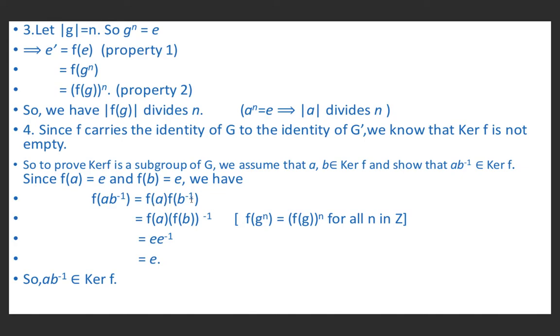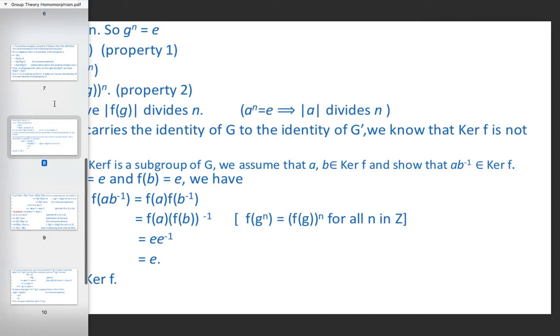So f(a) into f(b^-1) means f(a) into f(b)^-1, because f(g^n) is equal to f(g)^n for all n in Z. f(a) is e', f(b) is also e'. So e' into e'^-1, and this is equal to e'. It means ab^-1 belongs to kernel of f, because f(ab^-1) is equal to the identity element. So ab^-1 belongs to kernel of f. It means kernel of f is a subgroup of G.